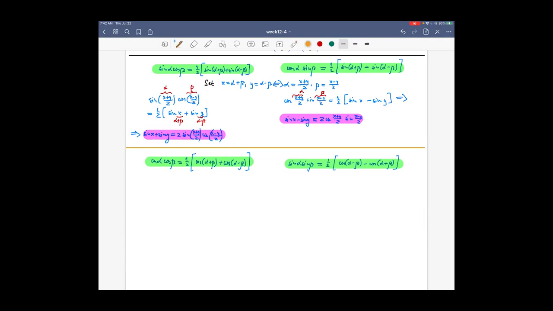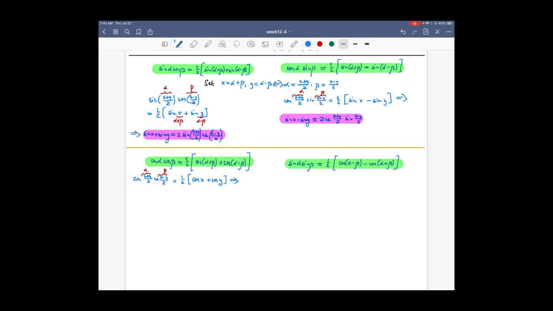So we will get cosine alpha, that's cosine of x plus y over 2, cosine beta. Beta is x minus y over 2. Equals 1/2 cosine of alpha plus beta, that's x, plus cosine alpha minus beta, that's y.